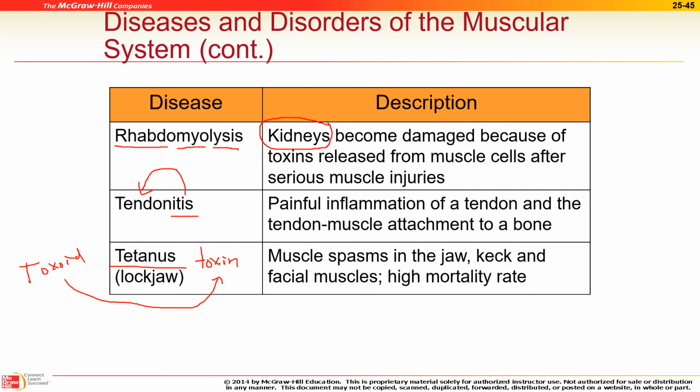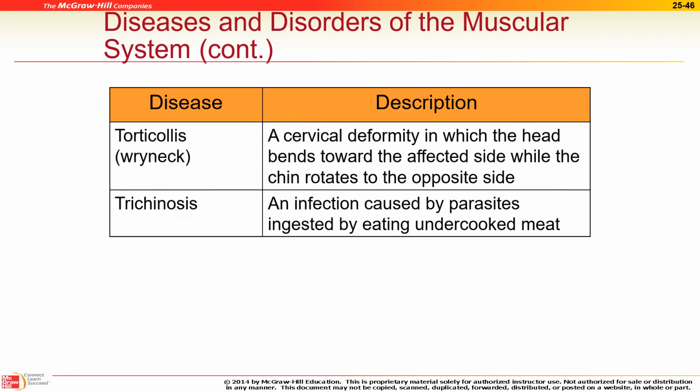So anytime you step on a rusty nail or get a cut that's dirty, it might be contaminated with tetanus, and the toxin causes lockjaw. So paralysis of face, neck and facial muscles. Wry neck. So this is if you have a little tweak to your neck to one side or the other. So that's just torticollis.